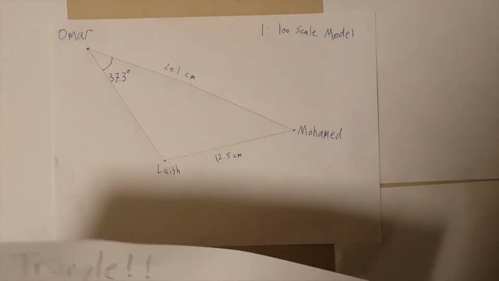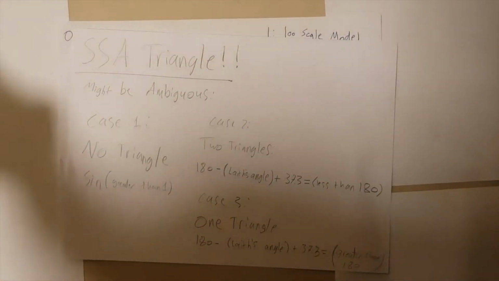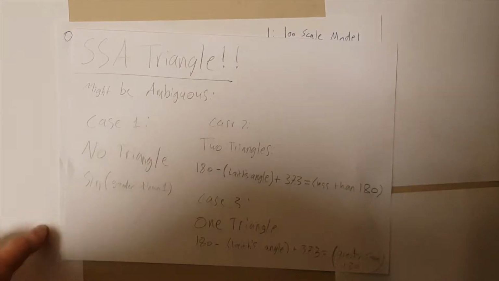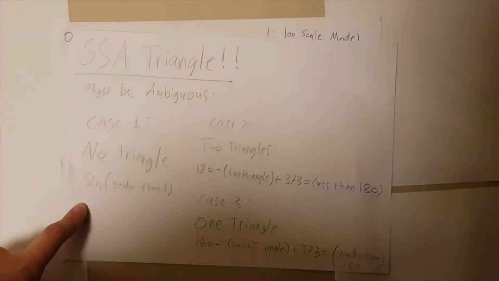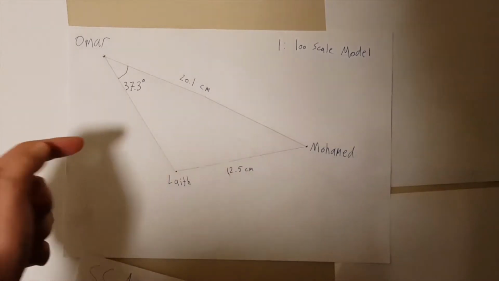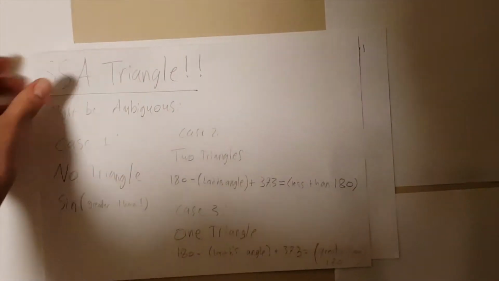The first thing we have to notice is that this is a side-side-angle triangle. We only have side-side-angle information, so it might be ambiguous. When we have a side-side-angle triangle, there are three cases. One, where there's no triangle: when we solve for Laith's angle, the sine of Laith's angle would be something greater than 1.